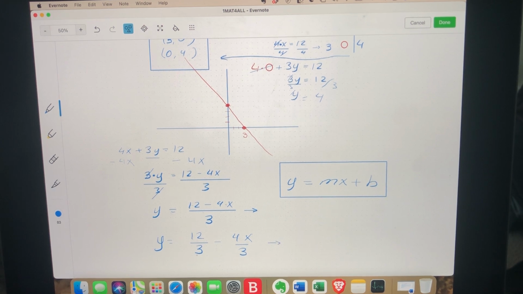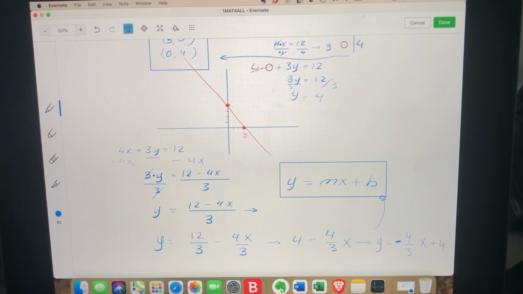Of course, 3 goes into 12 4 times, and 3 does not go into 4, which means we just have negative 4/3 x. Now, in the slope-intercept form, the x is first, and the number is second. So we can say it's y equals negative 4/3 x plus 4.